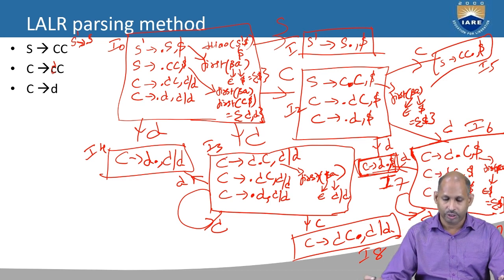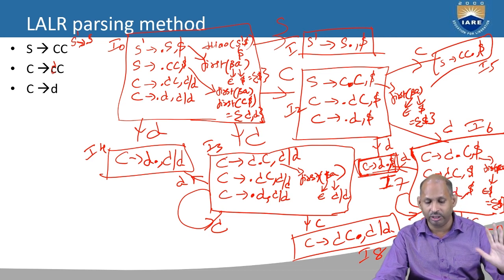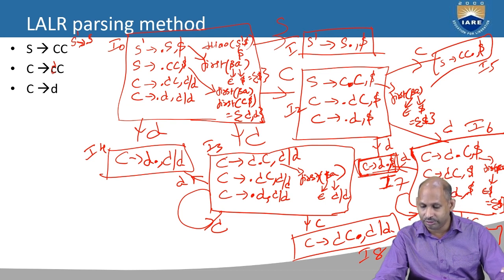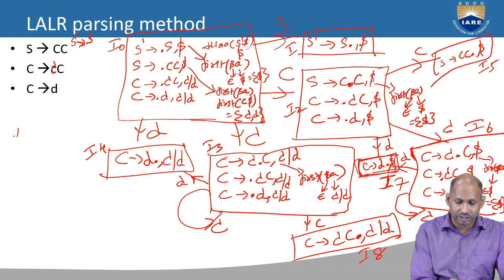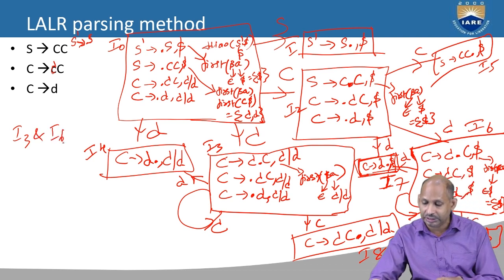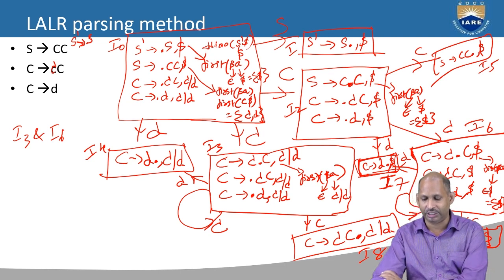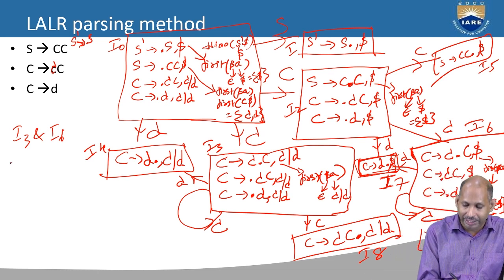Now, if you observe here, I0 is different. I1 is different. I2 also is different. I3 and I6: the productions are the same, the symbols are different. Right?